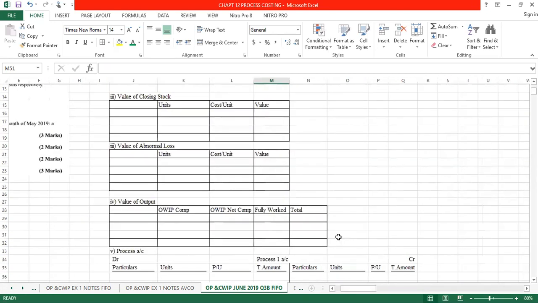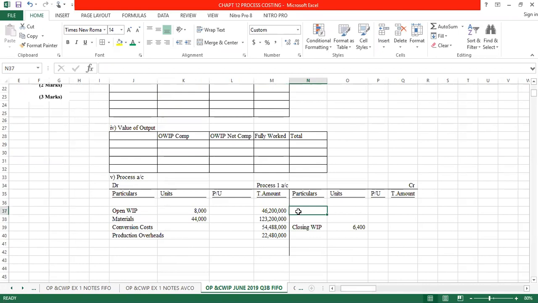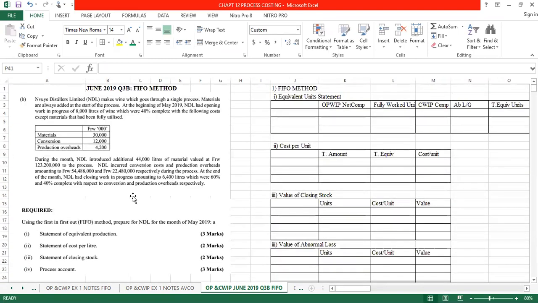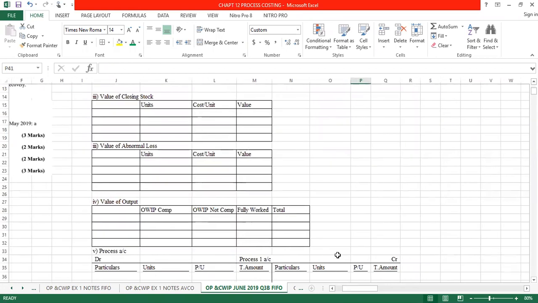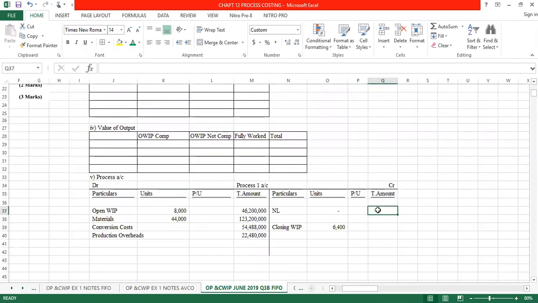Now, what did we say yesterday? If you remember what I said very well yesterday, if there is no normal loss, there is also no abnormal loss. Let me read again. Do you see any normal loss? No, there is no normal loss. So this makes the question even more easy.